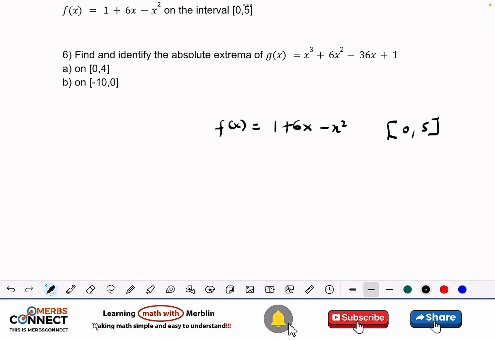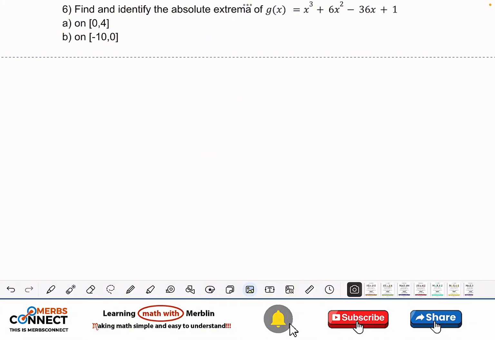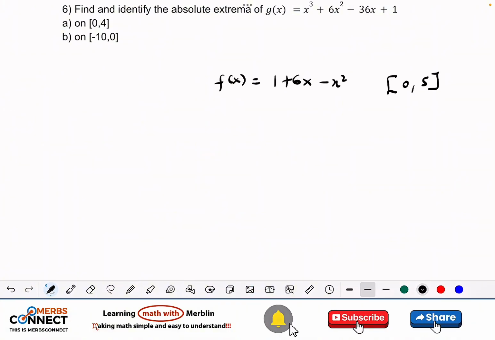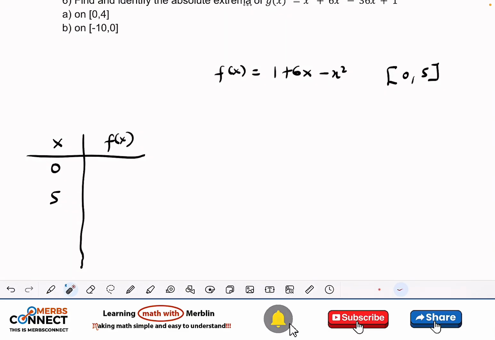So the domain is very important. Remember, anytime we are doing something like the absolute extrema, we go with a table. So I have my x, I have my f of x. I have my endpoints, but I need to figure out if we have a critical point in between, then I add it to the table, right?